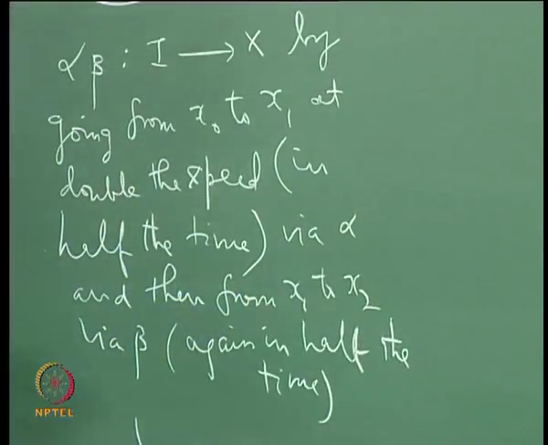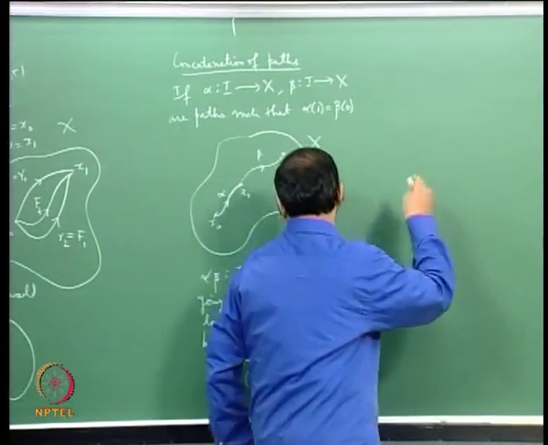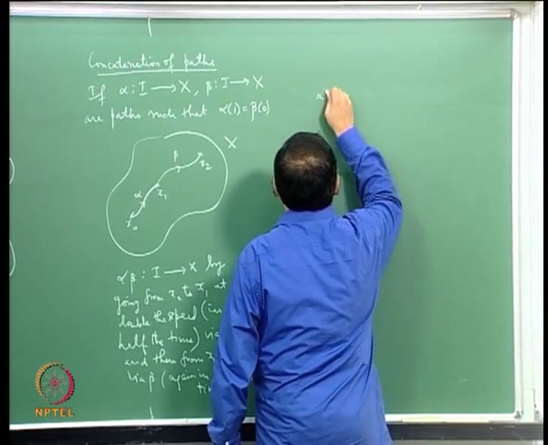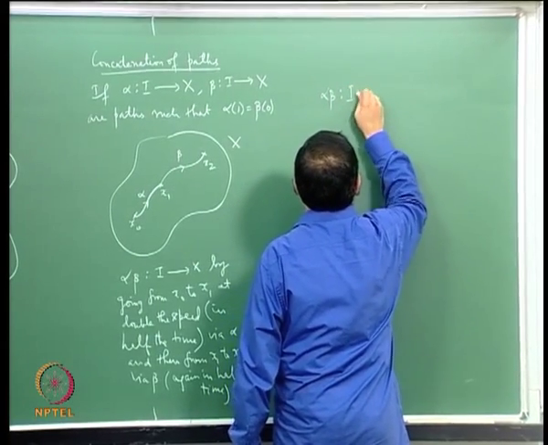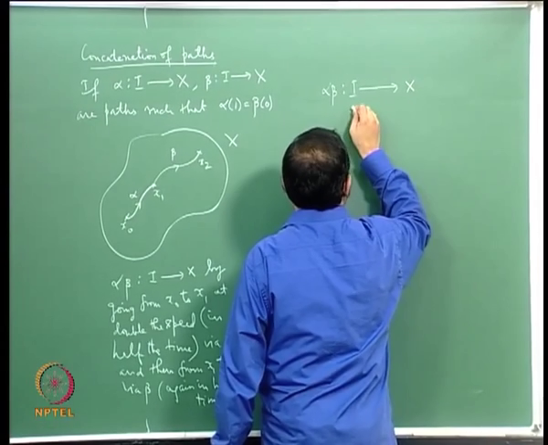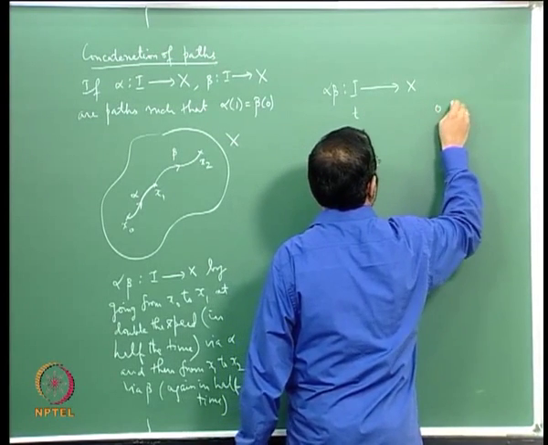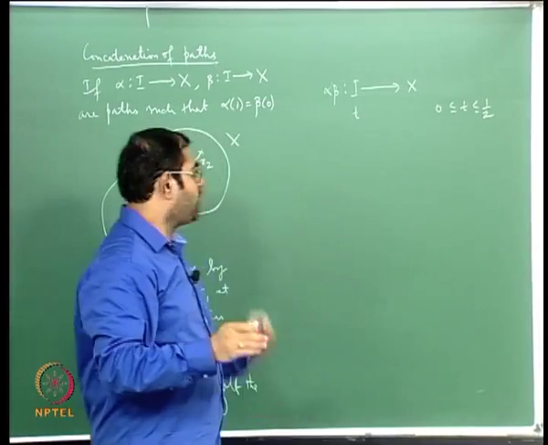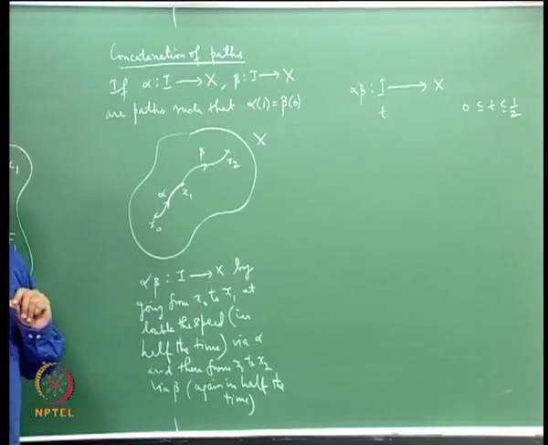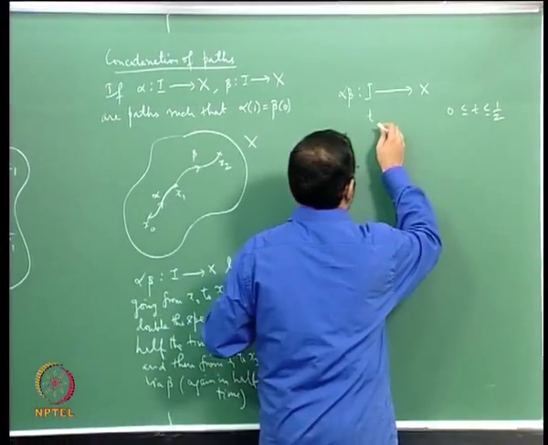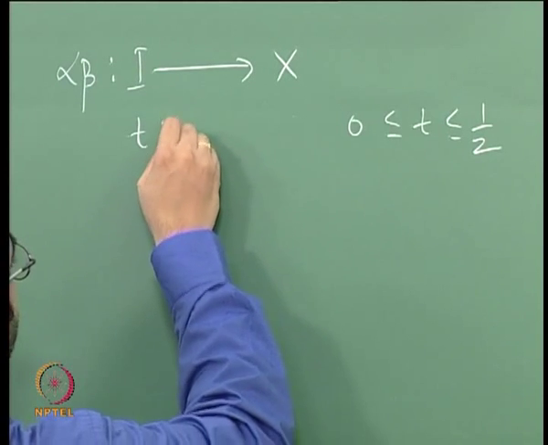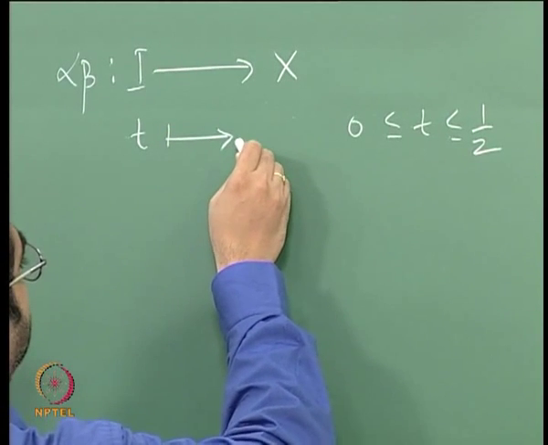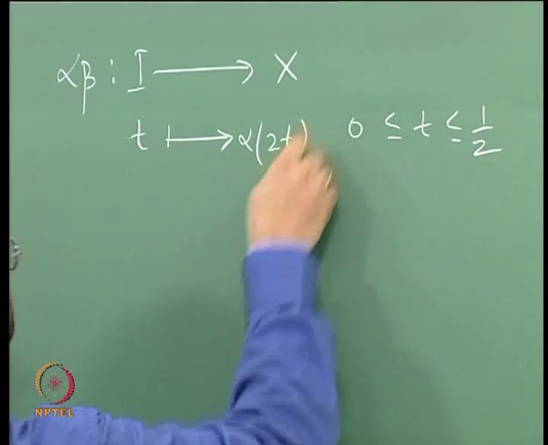So how does one write down equations for this? It is very simple. So alpha beta is the map from I to X. It is defined like this: for time varying from 0 to half, I want the whole of alpha to be covered, so I send t to alpha of 2t.